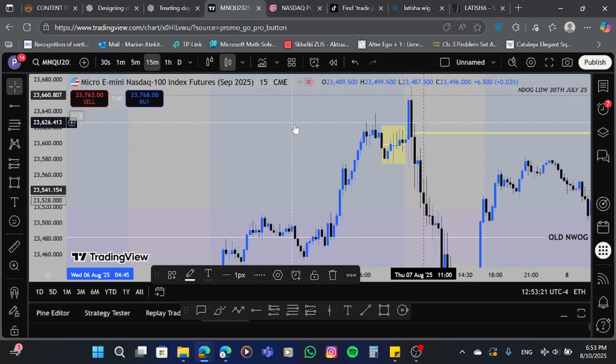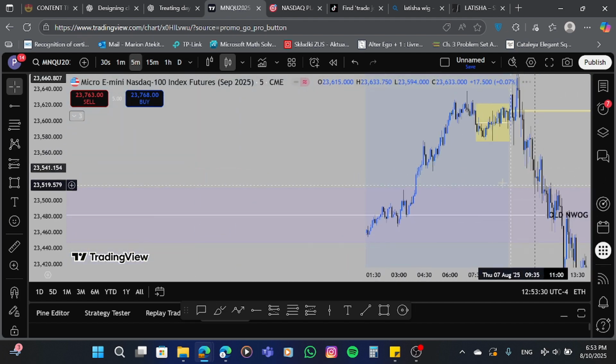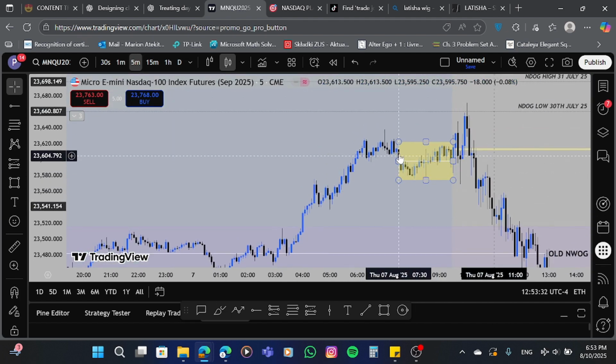And so if we go down to the 5-minute time frame, you can see that it was very clear the price was in a very tight range. And we also remember had news at 8:30. So notice this candle, we also had news at 8:30, and what do we see immediately after this news?